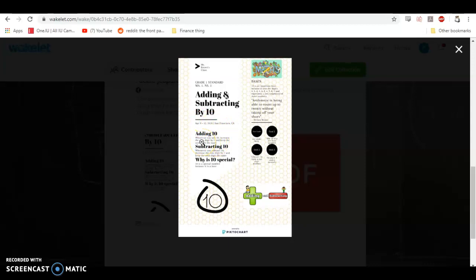I gave a small description of adding 10, subtracting 10, why 10 is special, a little base 10 discussion, and then a math quote to keep the kids engaged. And then these are our goals for completing that standard, and some images to tie it all together.